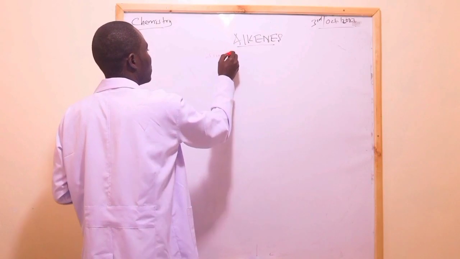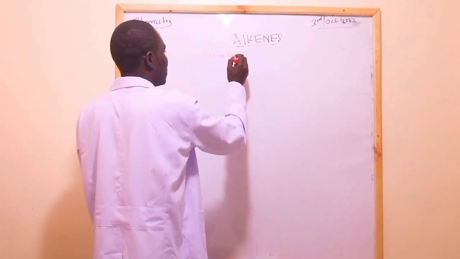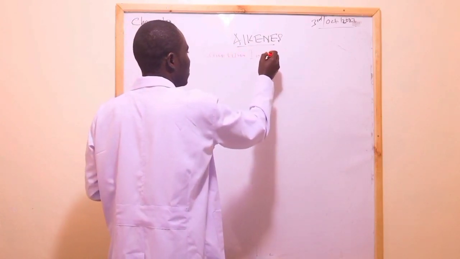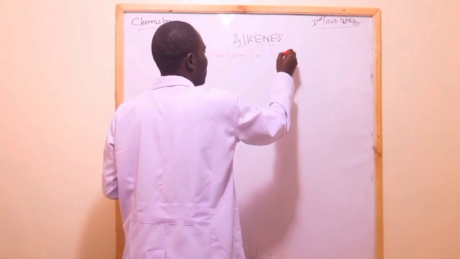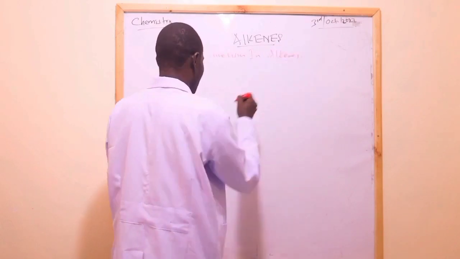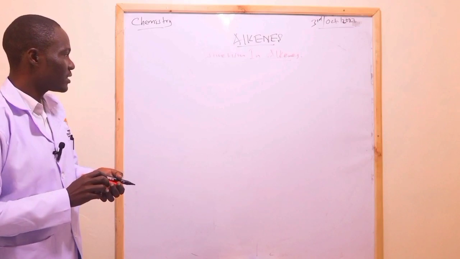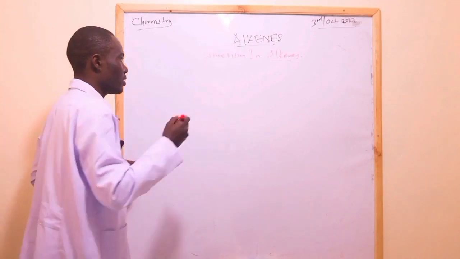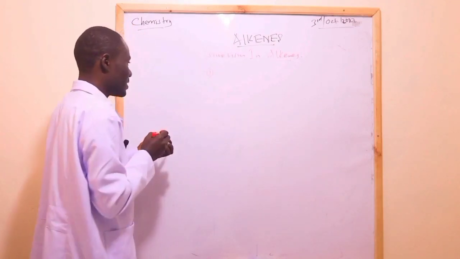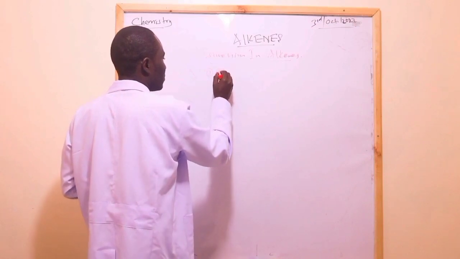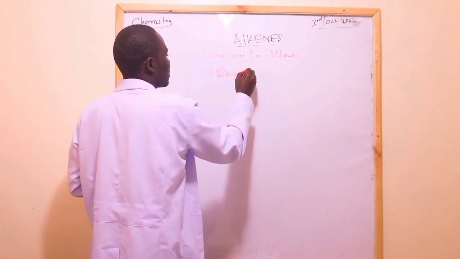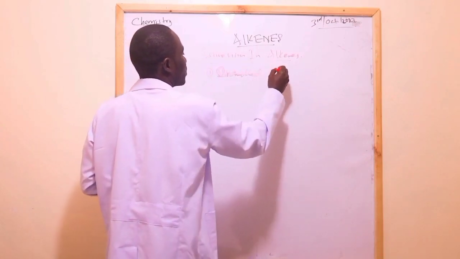Now, isomerism in alkenes is of two types. The first one, we have branched isomerism.